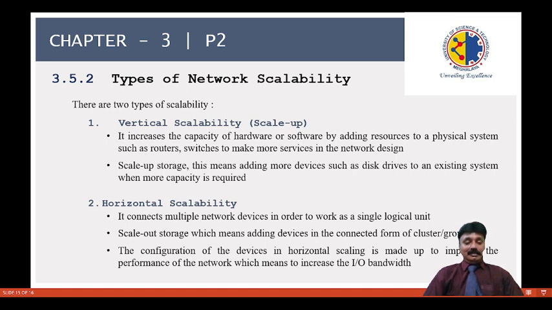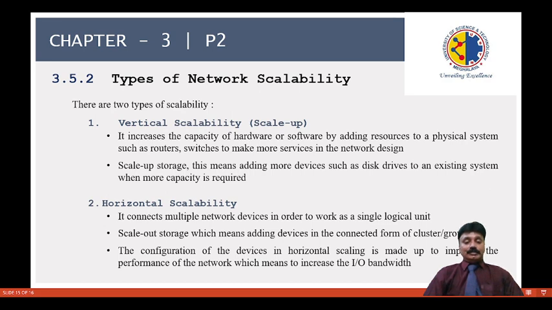Horizontal scalability connects multiple network devices in order to work as a single logical unit. We have seen two internet servers and two routers interconnected with each other, and those connections we have seen in that figure.